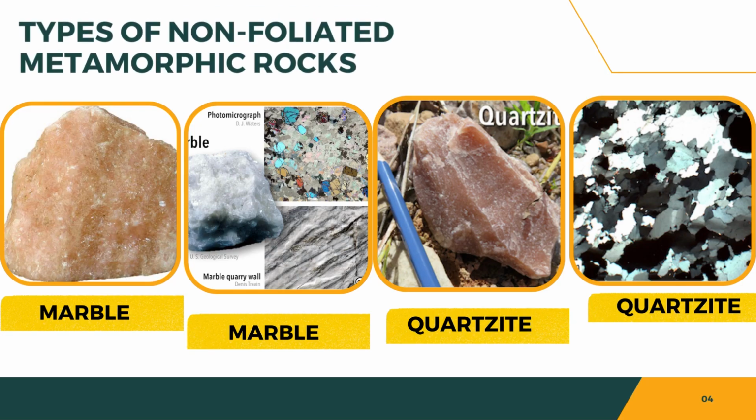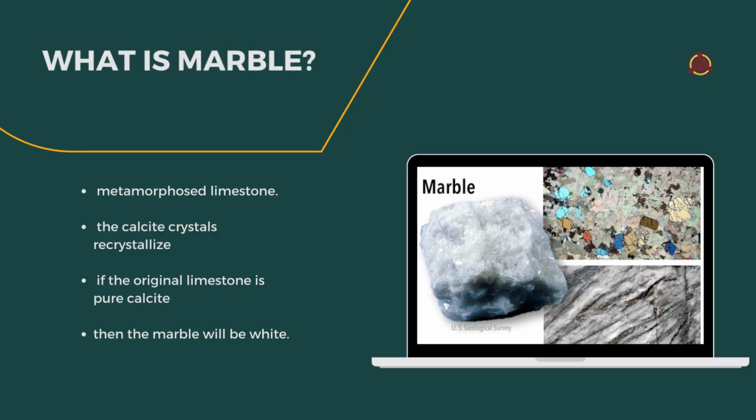These are the two types of non-foliated metamorphic rocks. So what is a marble? It is metamorphosed limestone. When it forms, the calcite crystals recrystallize into larger blocky calcite crystals, and any sedimentary textures and fossils that might have been present are destroyed.